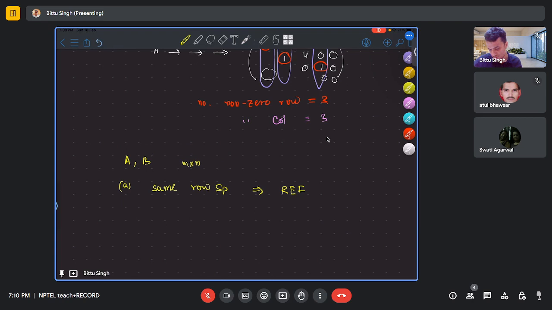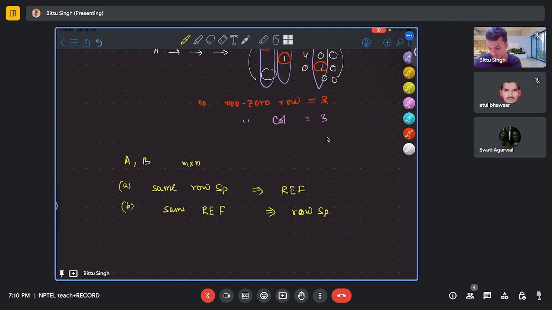B is also true, because same row echelon form, then row space is a linear combination of those rows. Therefore, they will have the same row space. It is also true.